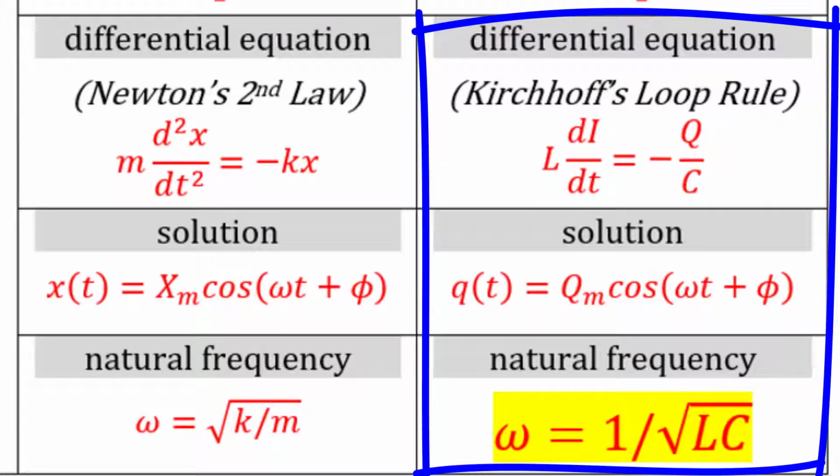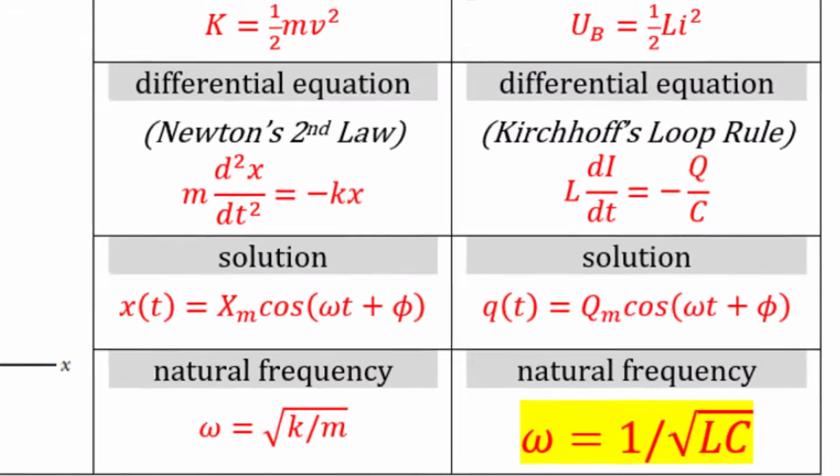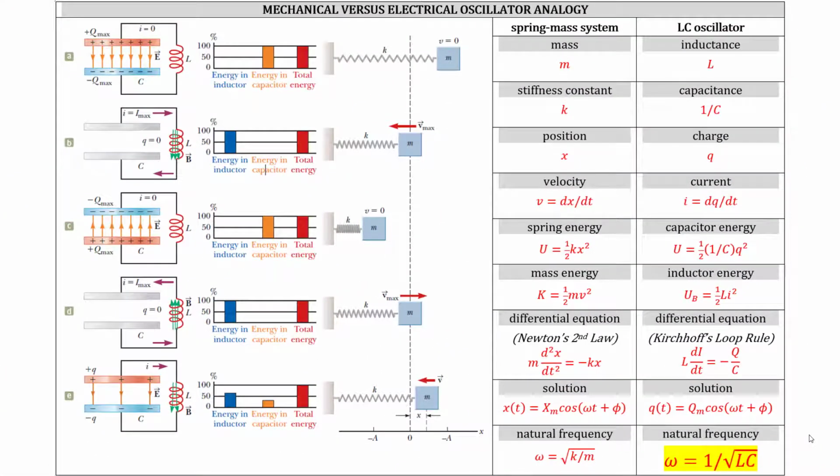We take the exact same approach and get a solution for the charge function and also for the natural frequency of an oscillating circuit. Omega equals 1 over the square root of L times C, where L is the inductance value of the inductor and C is the capacitance of the capacitor. Again, take some time to incubate on all of this. It really is helpful to see two different systems side by side.